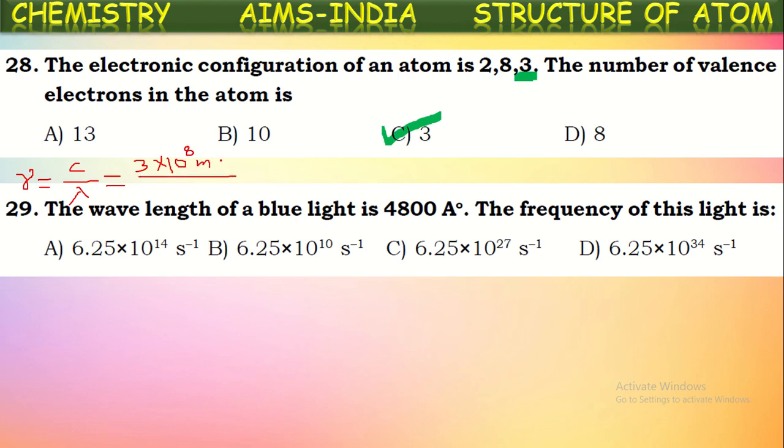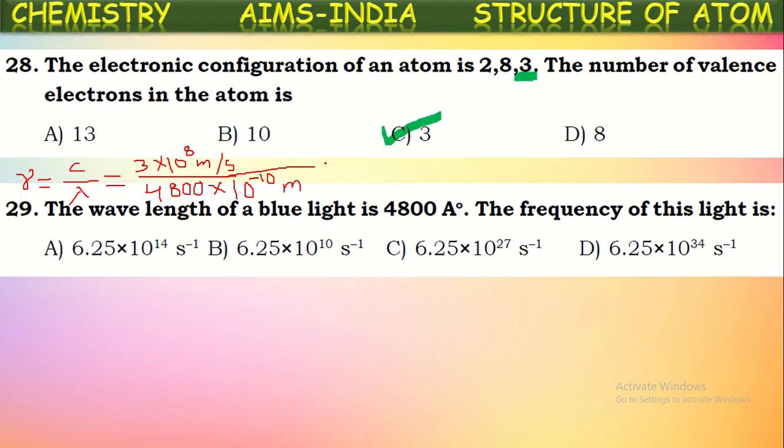This is the velocity of light, c value. And the lambda value they have given as 4800 angstroms. So velocity of light is taken in SI units, so let us convert this also into SI units. We know 1 angstrom is equal to 10 to the power of minus 10 meters. So if you multiply this with 10 to the power of minus 10, this total value converts into meters.